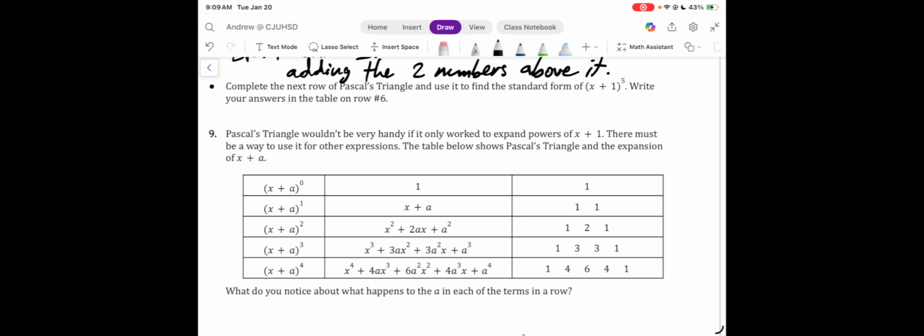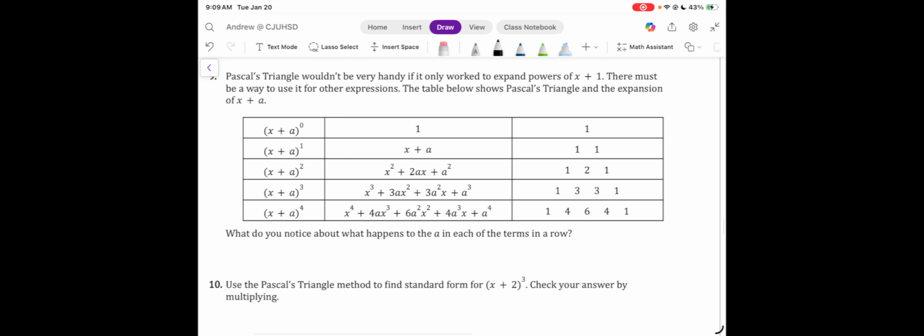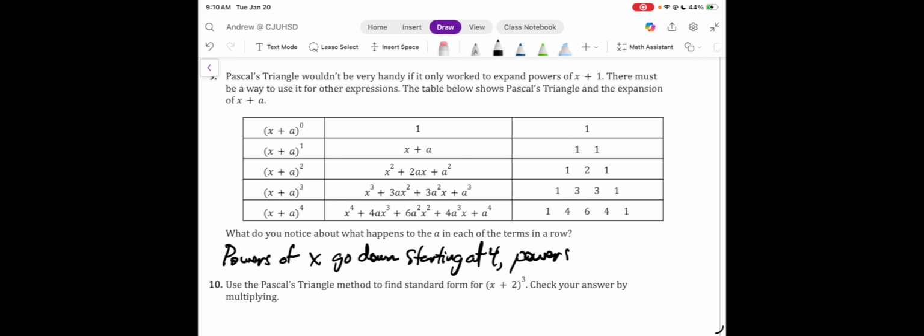That's what I noticed. Powers of x go down, starting at 4, and powers of a come up.